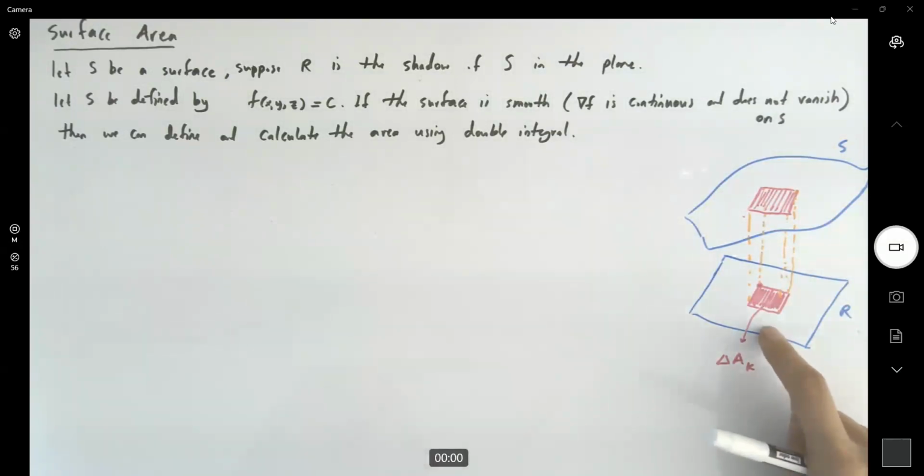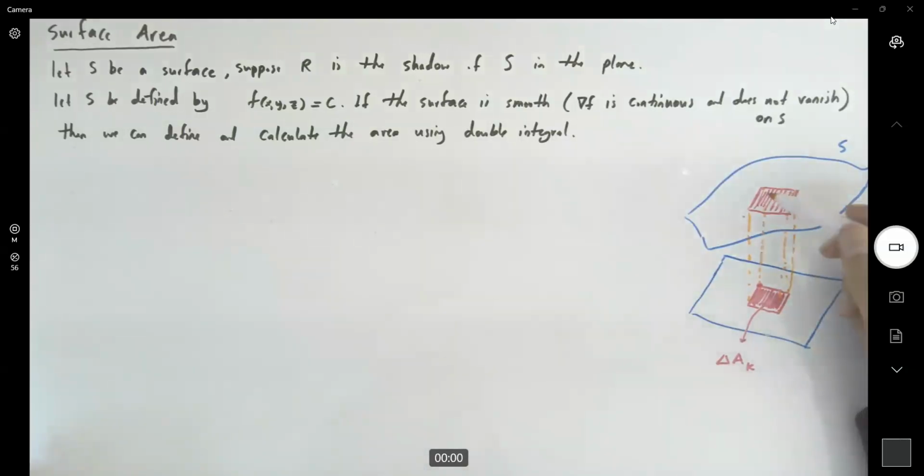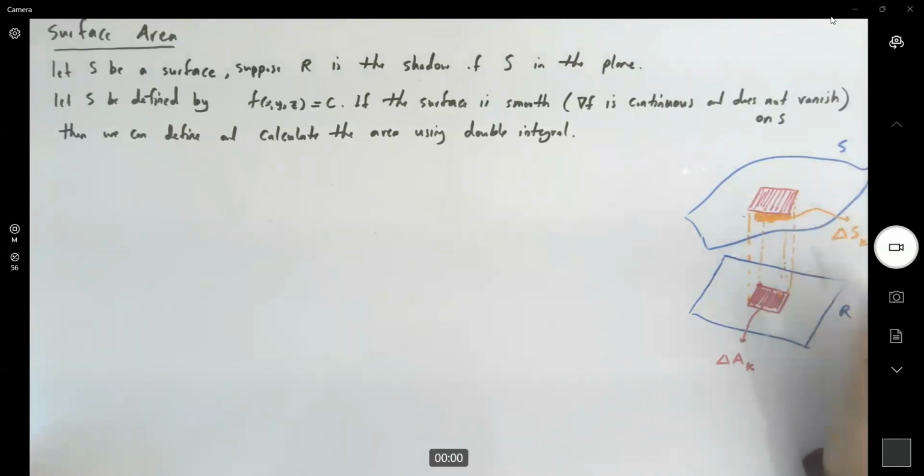Above your delta A sub K, you're going to have a very small patch of the surface, and let us call this delta S sub K. It just lies on the surface. This patch is on the surface itself.